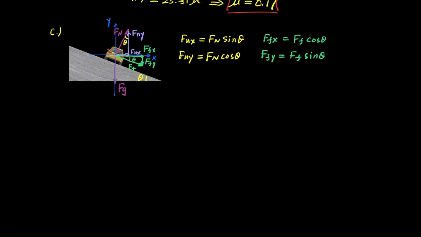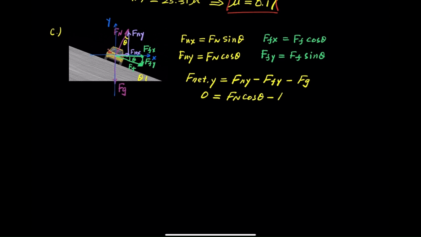Now let's find the net forces. Again, starting from the y direction, F net y equals, we have Fny pointing up, and then Fy pointing down, and the gravity Fg pointing down. Again, because the car is not moving vertically, we have the net force in the y direction equal to 0, and Fny is Fn cosine theta, minus Fy, which is F sine theta, then minus Fg, which is mg.